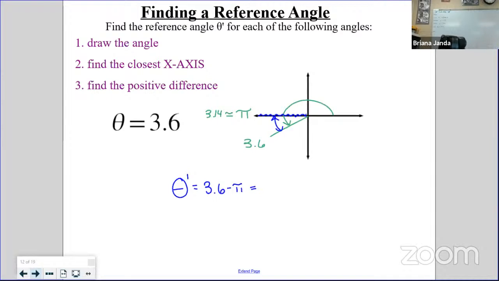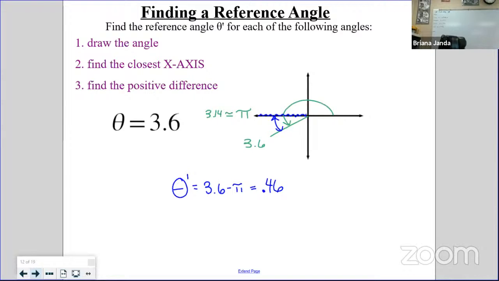It's like 0.4 something. So we'll just call it 0.46. Okay. So if they do ask you a question like this, you would just have to grab your calculator and add or subtract pi or 2 pi, whichever one happens to be your closest x-axis. There's not really a better way of doing this one.